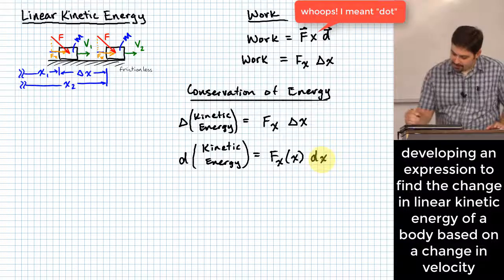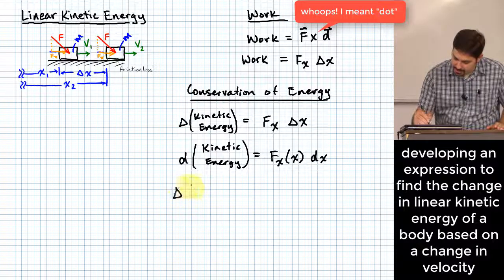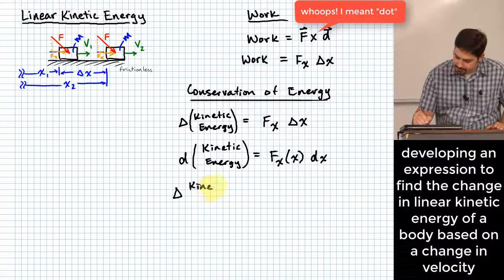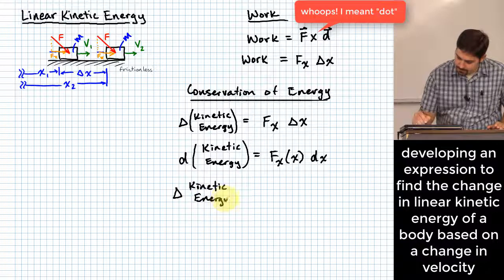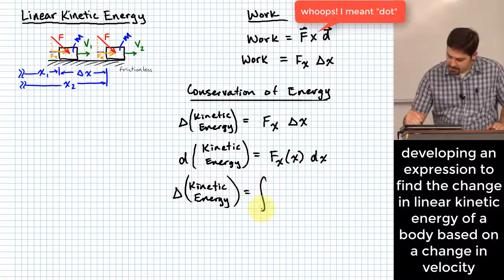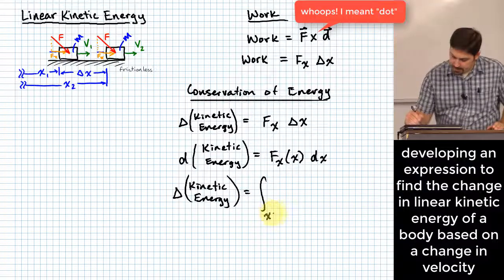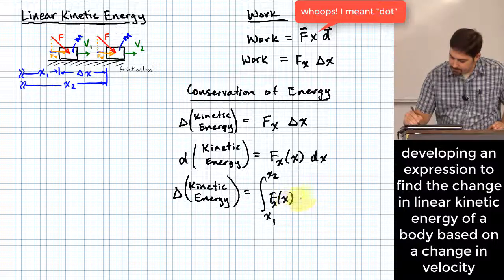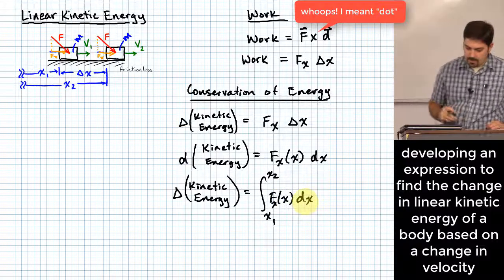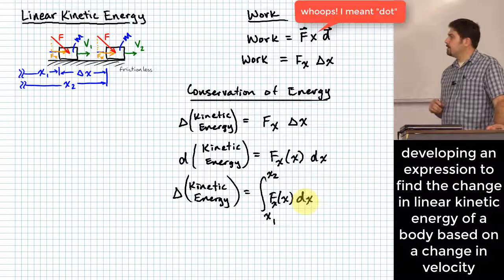And what I get on the left side is a change in the amount of kinetic energy. On the right side, based on what I just said a second ago, as it moves from one position to another, under this x component of force, it's based just on that integral.